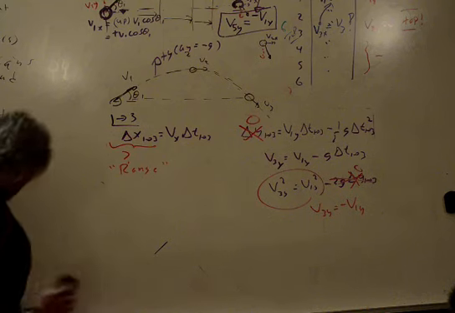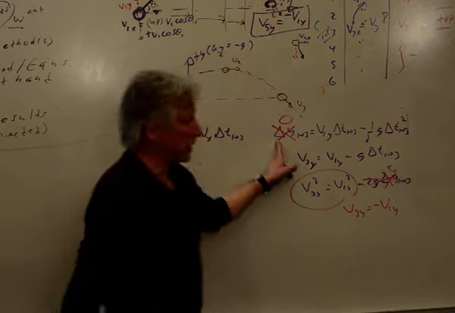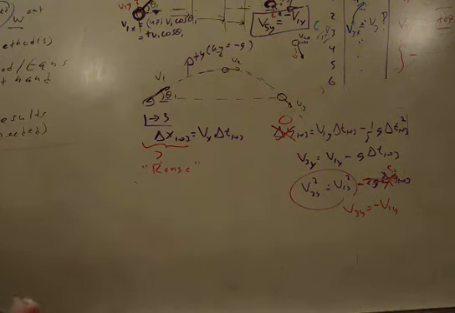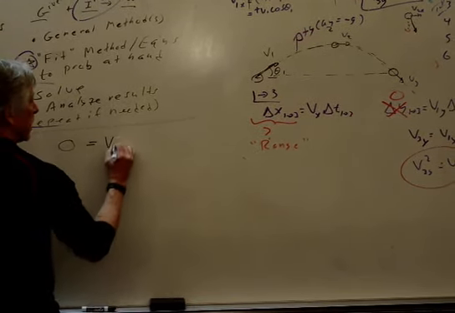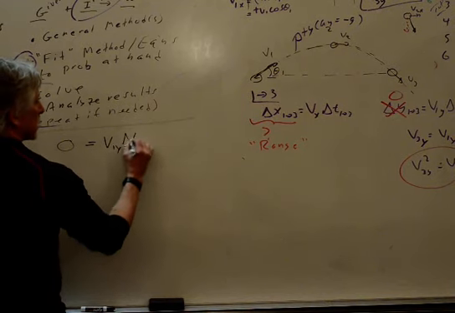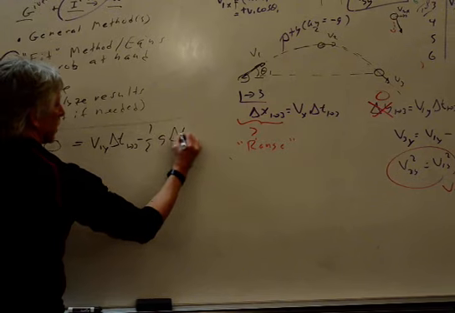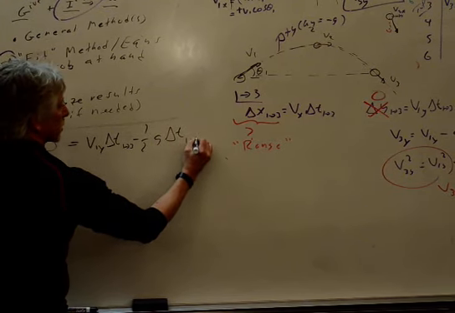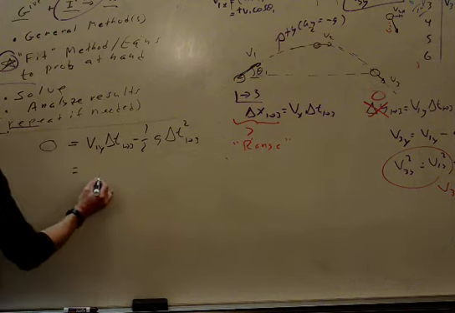Let's do a little math now. Let's take this, and now I'm going to go into that solve mode. So I've got 0 is equal to v1y delta t 1 to 3 minus 1/2 g delta t 1 to 3 squared. That's interesting. I can factor out that delta t.